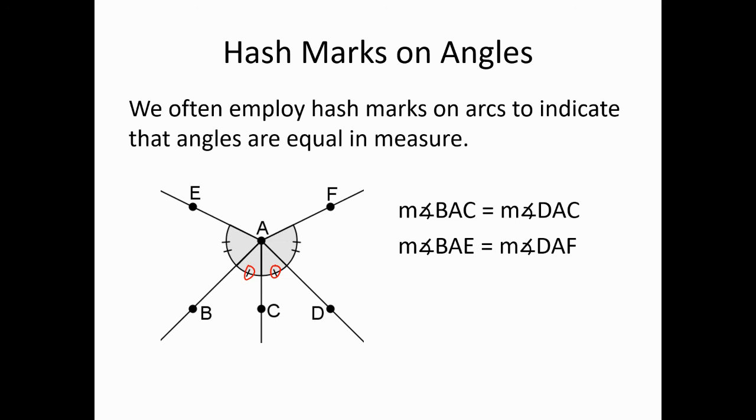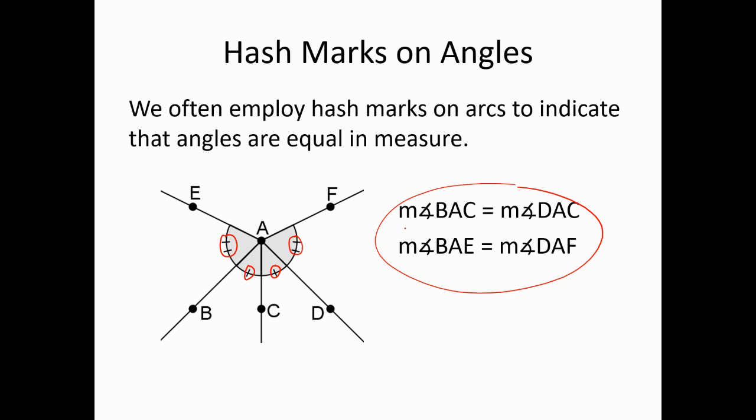And likewise, the angles EAF and FAD, they both have arcs in their interior, shaded arcs, and they both have two hashes on those arcs. So the diagram also says that the measure of angle EAF is the same as the measure of angle FAD. And we can also write those, of course, out in equation form.